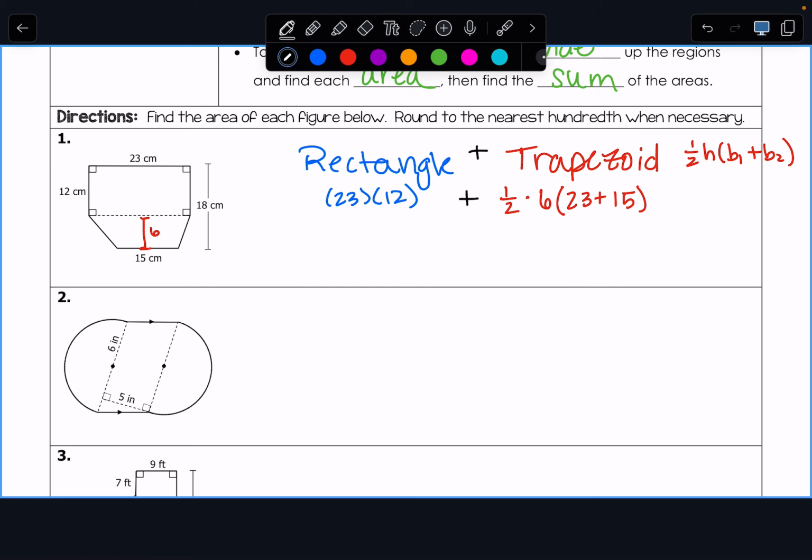Will Barnes is getting 390. Do you agree with Will Barnes? Yes, I agree with Will.